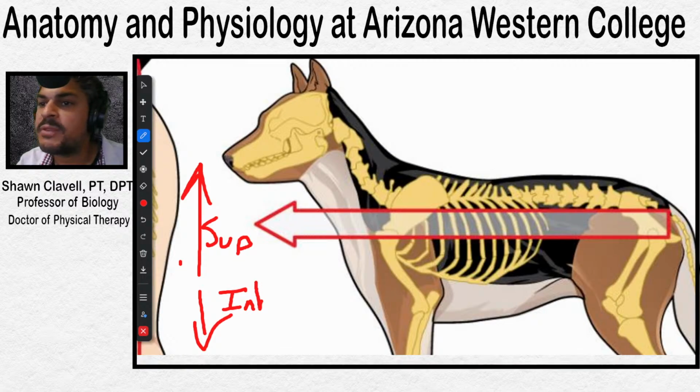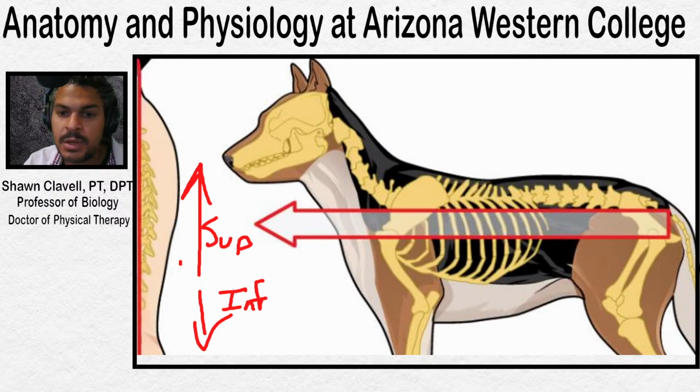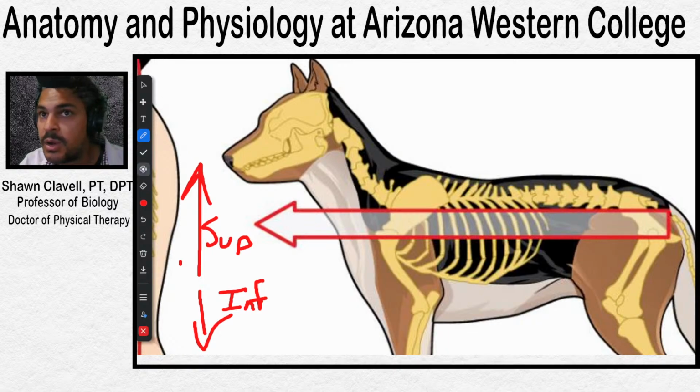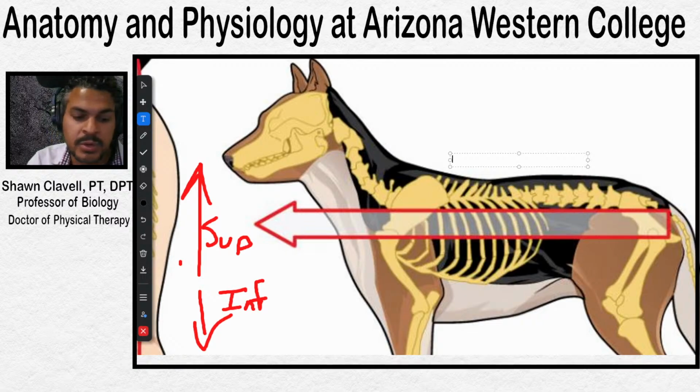But specifically, terms like dorsal mean towards the back. So on this quadruped, this creature here, their dorsal region is actually superior, right? So this is the dorsal region.